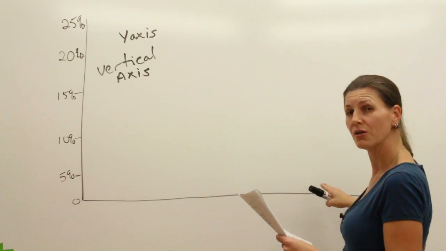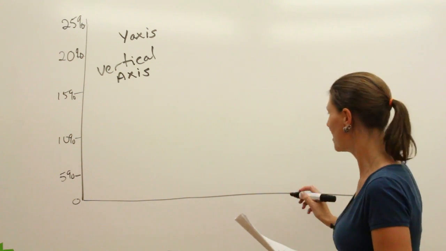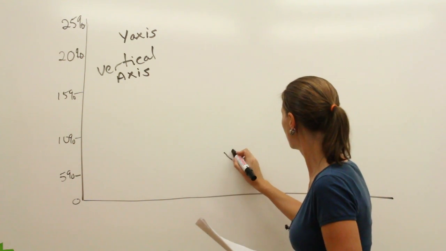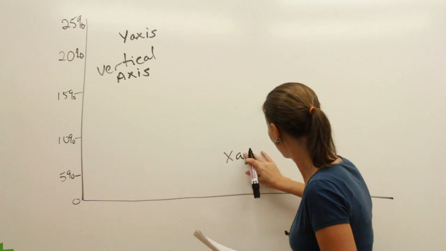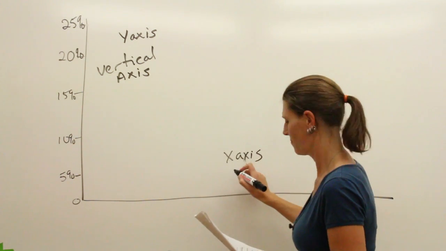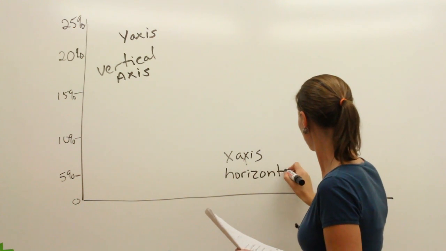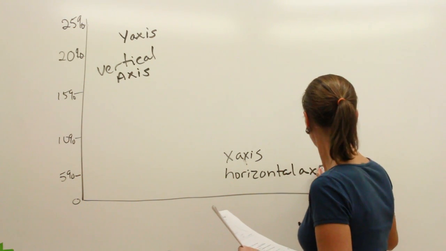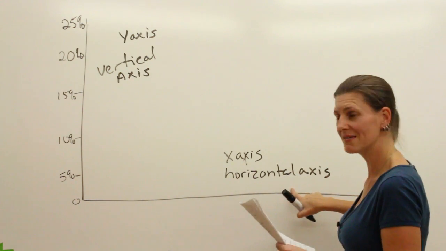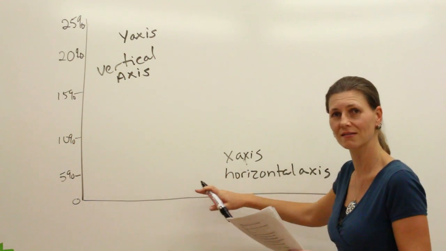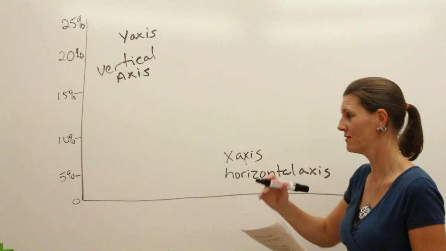Now let's label your horizontal axes, also known as your x-axes. One way to remember this is the horizontal axis acts like the horizon when you're looking out to sea.